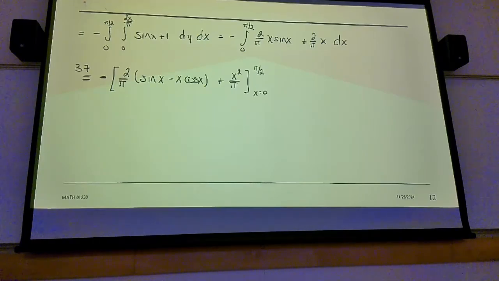All right, so now it's just a matter of evaluating that. Sine of pi over 2. Cosine of pi over 2. 0. Okay, that's gone. Oh, look, and that's 0. That whole thing is 0.